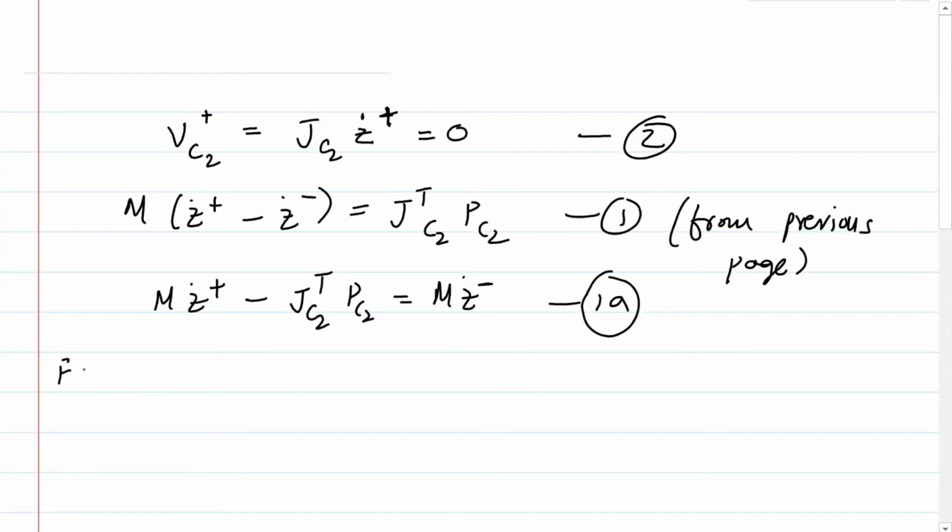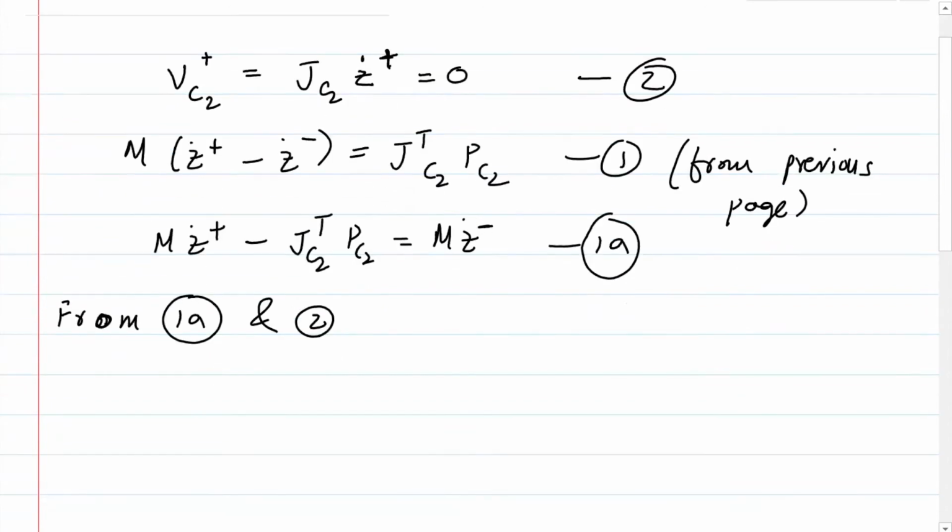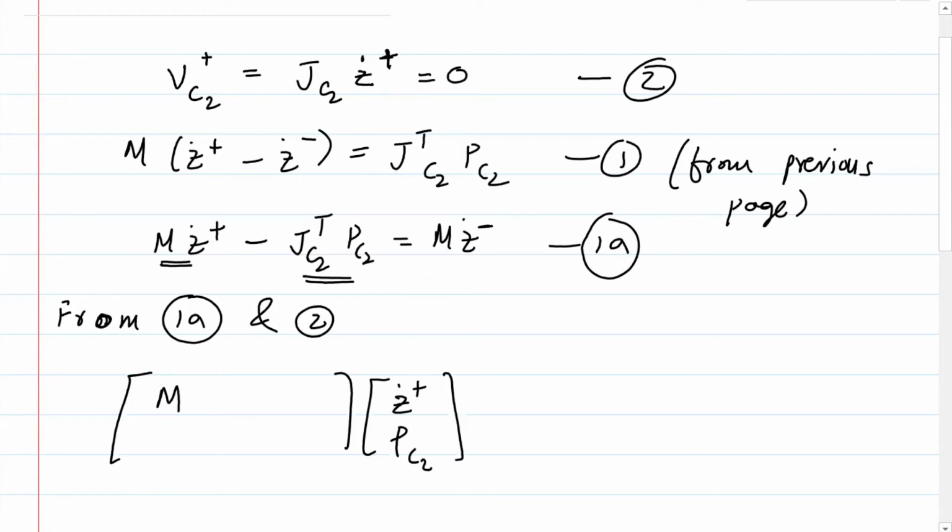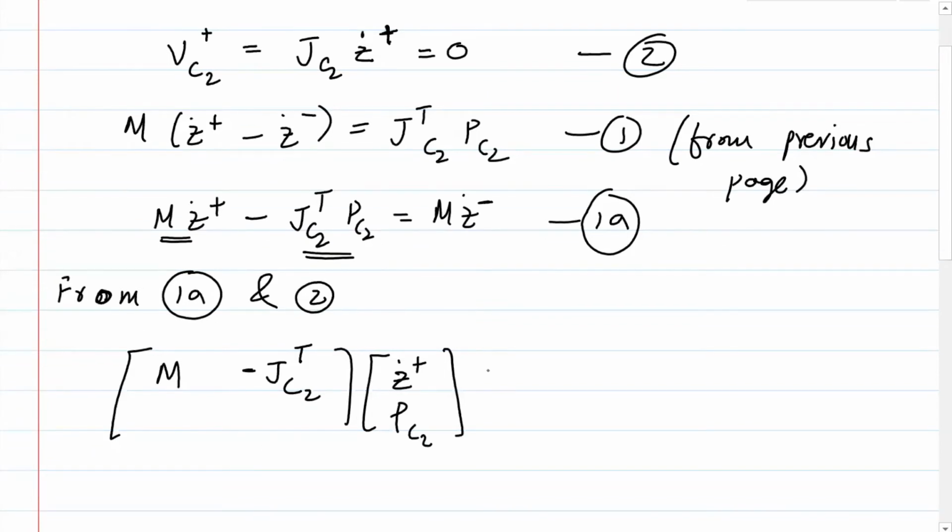So now from 1A and 2, we can write M times z dot positive, that's the first term. And then we need to write this one. So I'm going to write minus J transpose C2 times PC2, which will be here with the negative sign, equals m z dot negative.